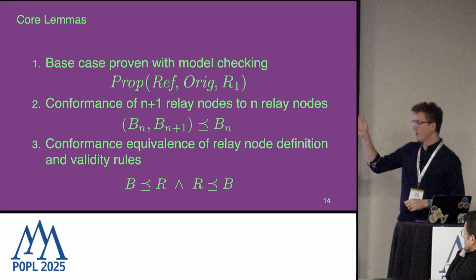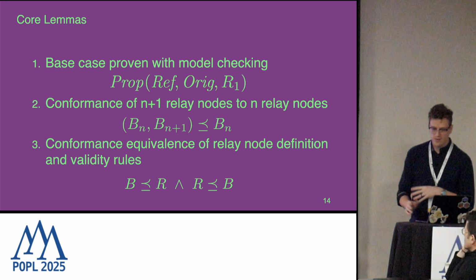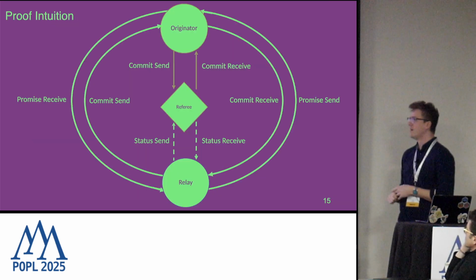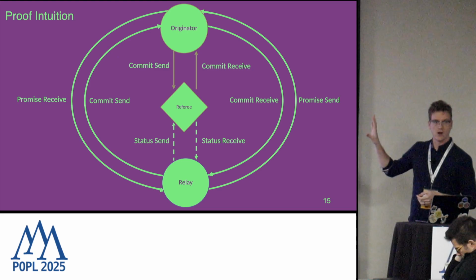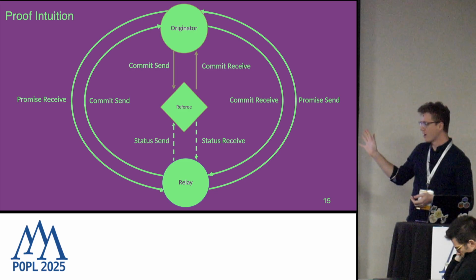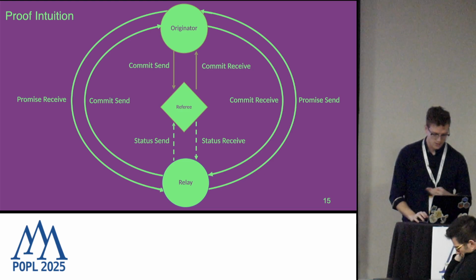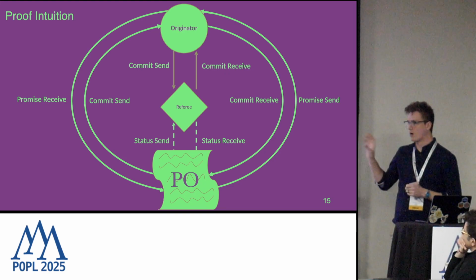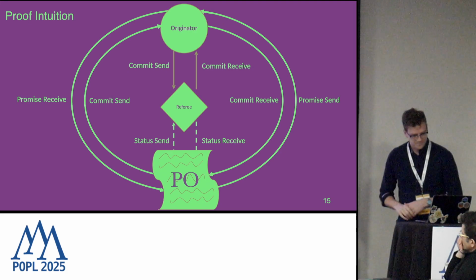So if we have these 3 things as lemmas, we can show that the properties we care about extend to an arbitrarily large system. All right, so to start, we have our base system, which we've proven our properties on that we care about. Then we're going to use our lemma 3 to show that it's a safe substitution to replace our relay node with our partial order definition of our relay node.